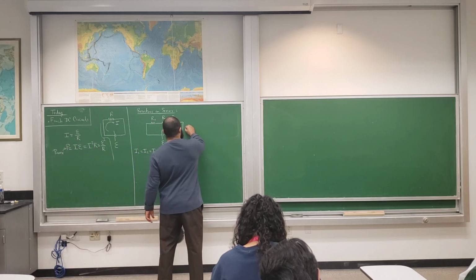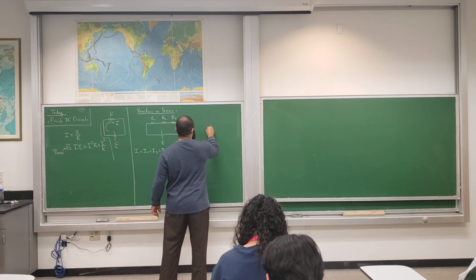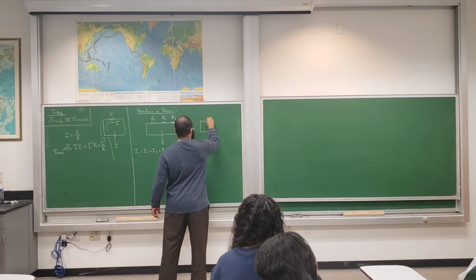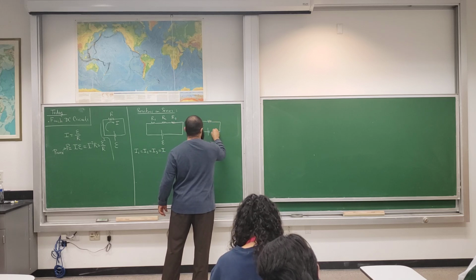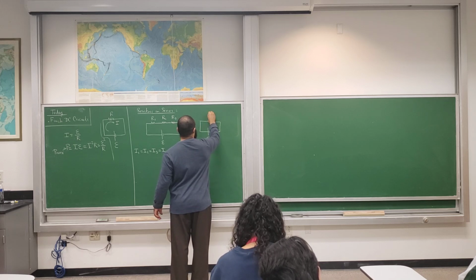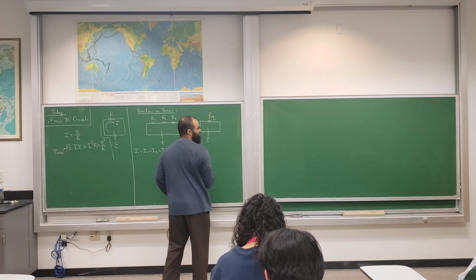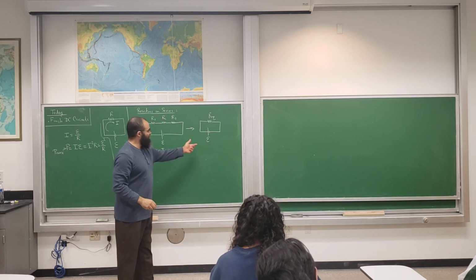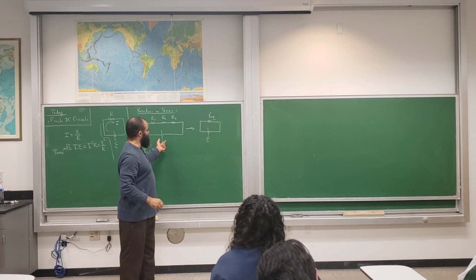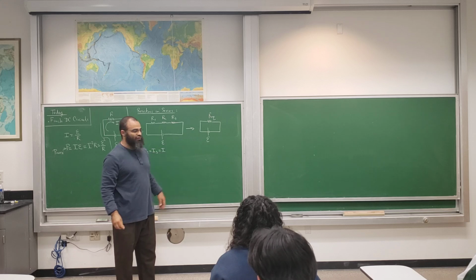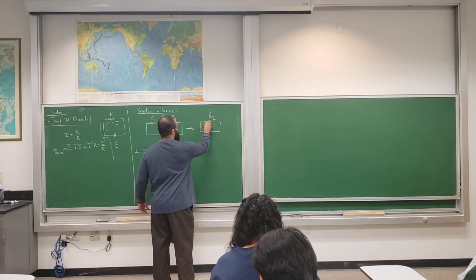And the question is, if we were to replace all these resistors by one equivalent resistor, what would the resistance be? Assuming for the same voltage, you still have the same current.